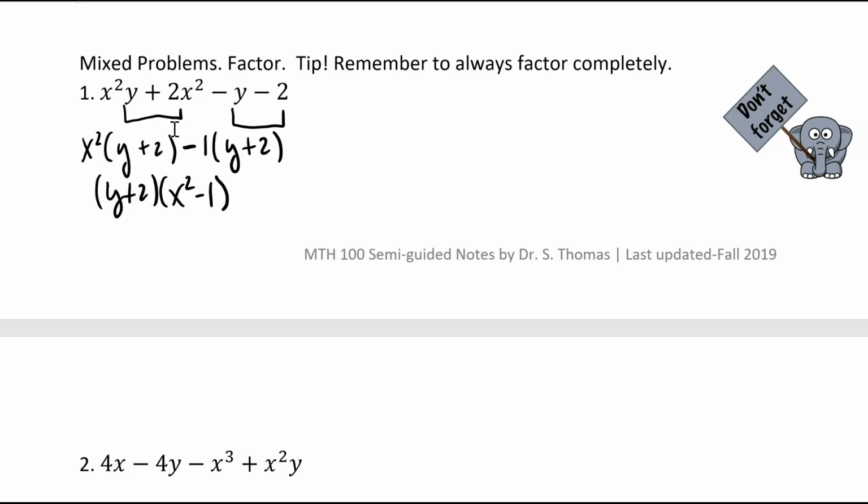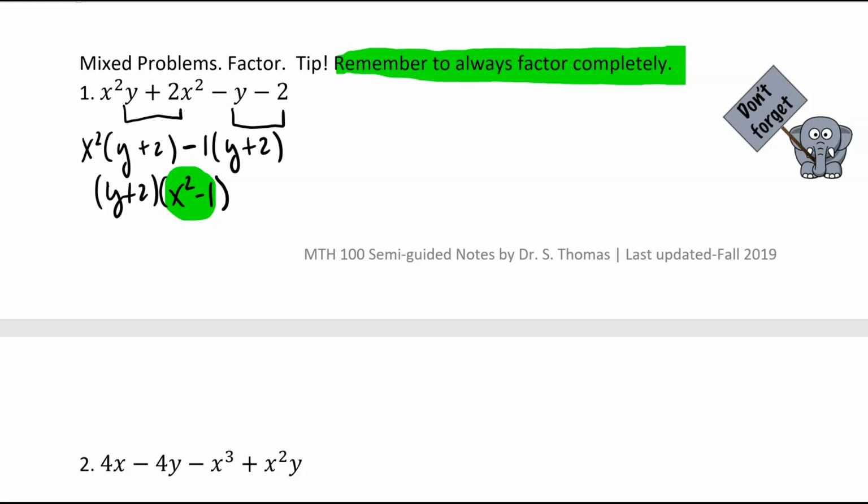But here's what I want you to notice. That x squared minus 1 is a difference of squares. It is factorable. And we need to always factor completely, meaning you can't leave something still factorable. You have to factor everything.